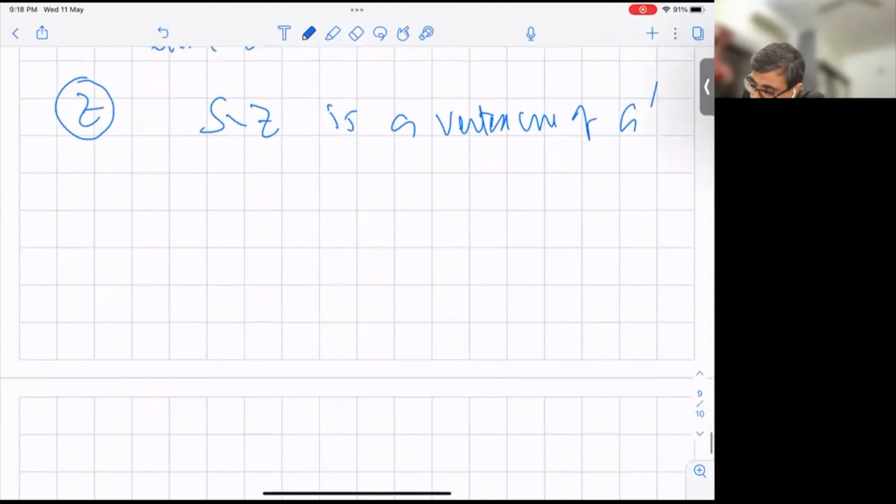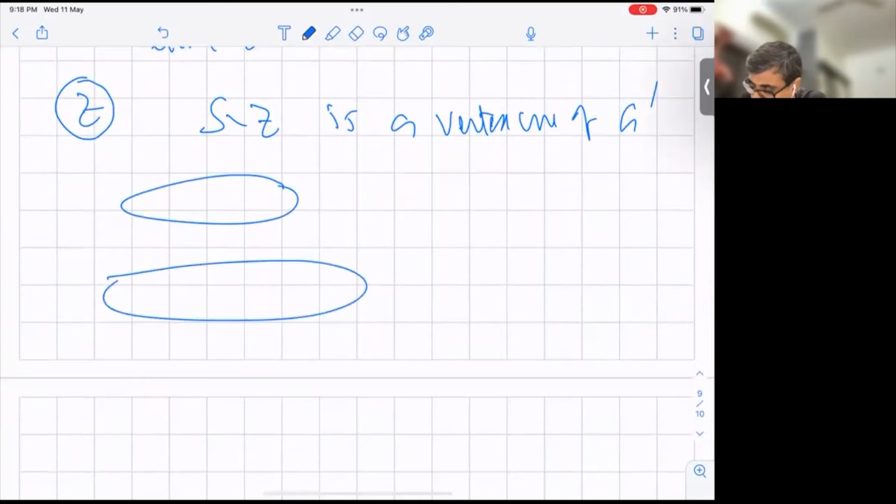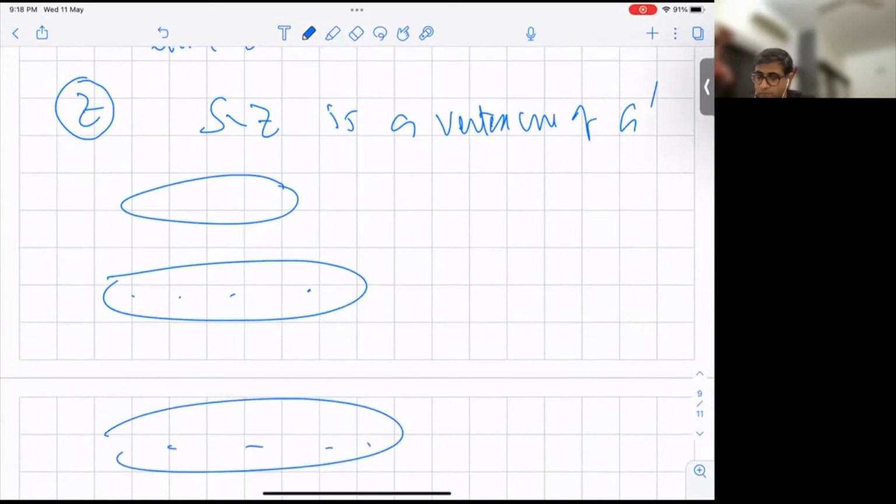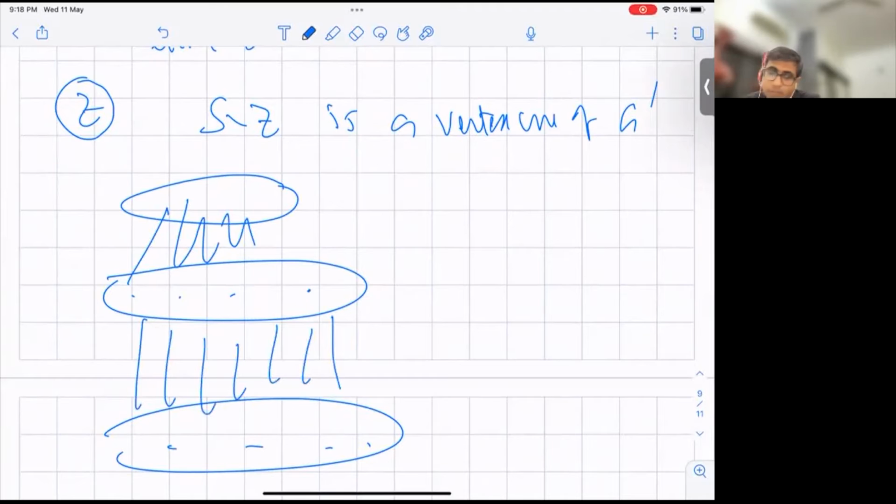Why? Because look at this. So in this case, S is the vertex cover that contains these, and it does not contain these.